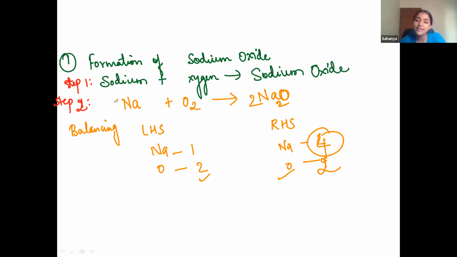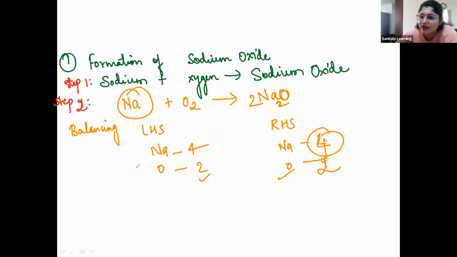You can write any number, 8, 6, 7, but you have to balance it. Even 1 you can add; if I don't write a number, it is 1 only. So now this is balanced.